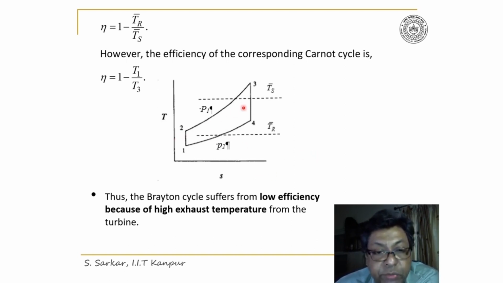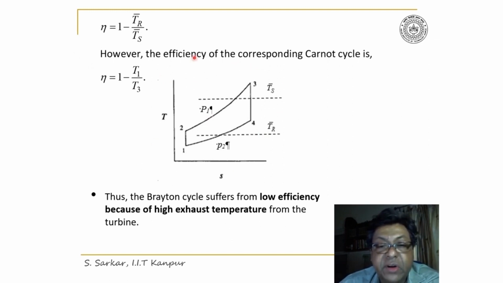Now, during the heating of gas in the process 2, 3 in the Brayton cycle, temperature increases. Thus, I have considered T bar S as some sort of average temperature of heat addition. And similarly, T bar R is some sort of average temperature of heat rejection.